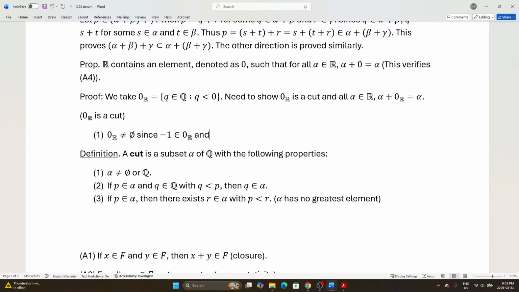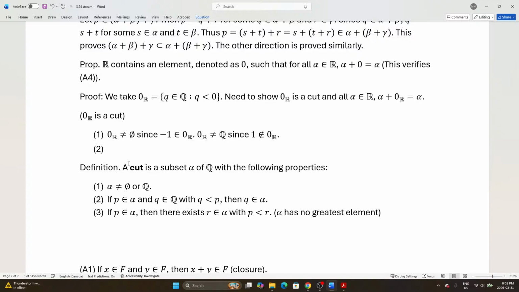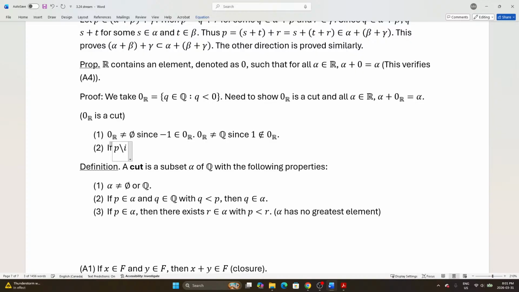And 0R is not the whole of Q, since 1 is not in 0R. Done. All right, so that's properties 1 and 2. If P is in 0R, then what happened?